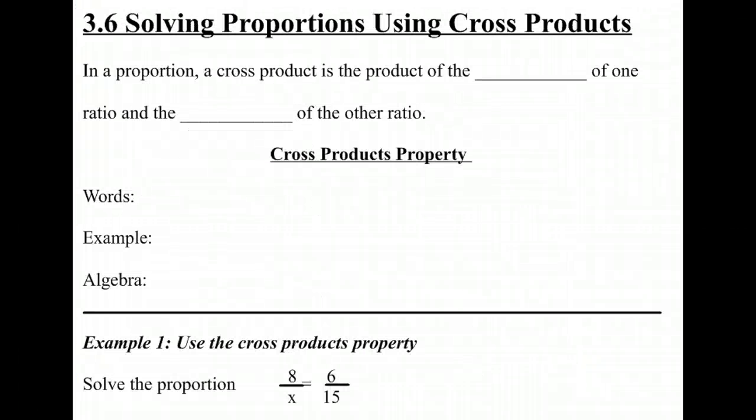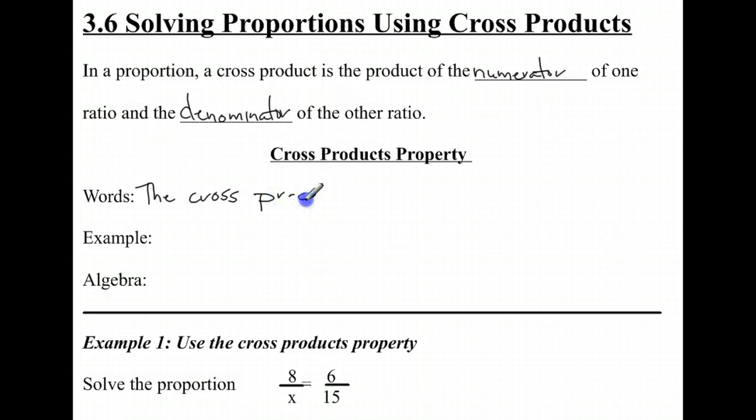Another piece of helpful information when looking at proportions is to use cross products. The cross product is the product of the numerator of one ratio and the denominator of another ratio. The cross products property tells us that the cross products of a proportion are equal.